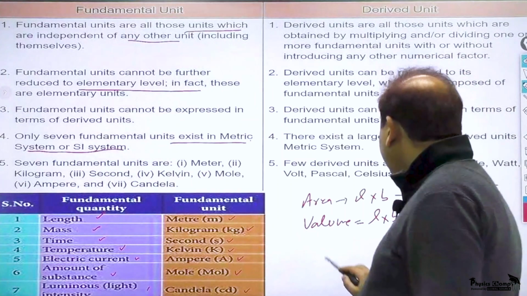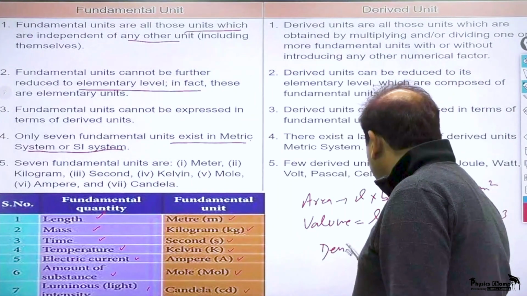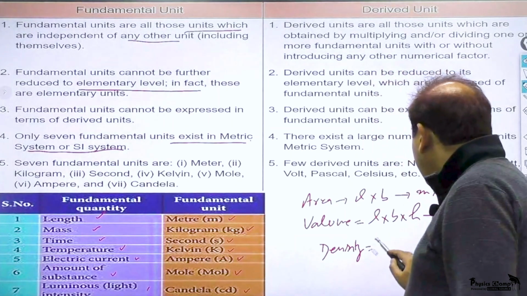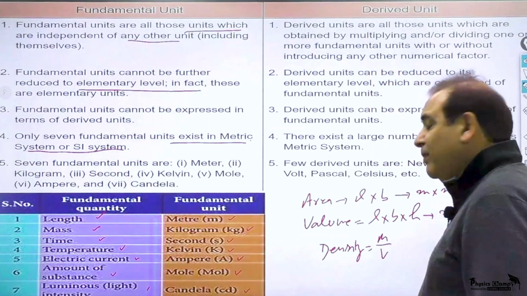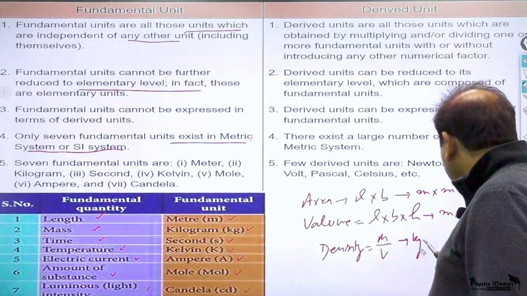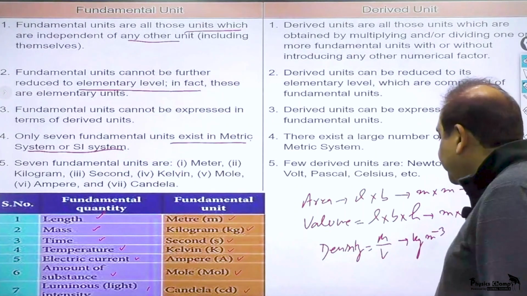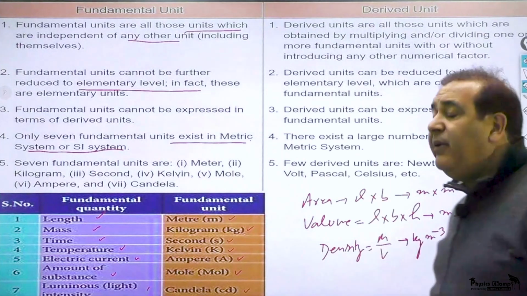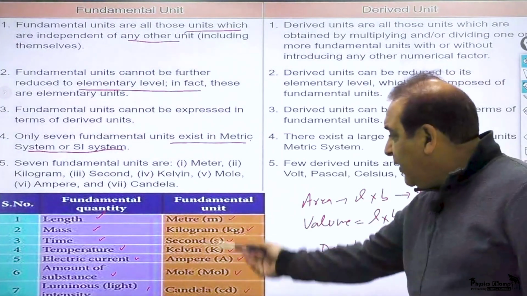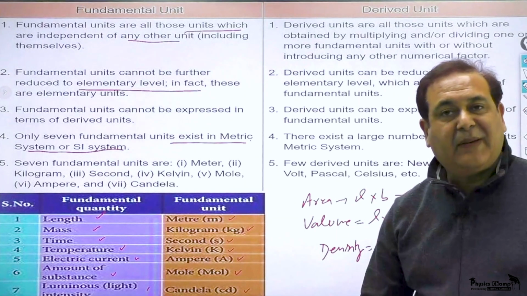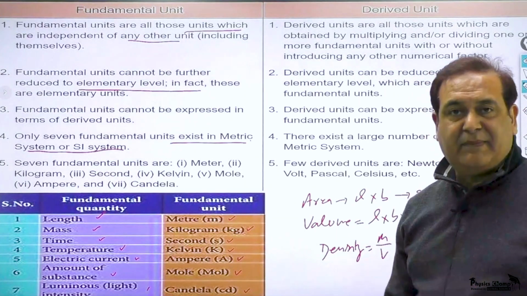Think of density. They are all derived using those fundamental units, which is mass over volume. So it is kilogram per meter cube, mass per unit volume. They are all derived units. There are 7 fundamental units, and using them you are deriving them, just combining them.